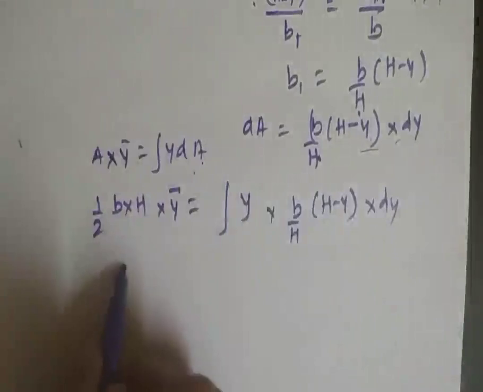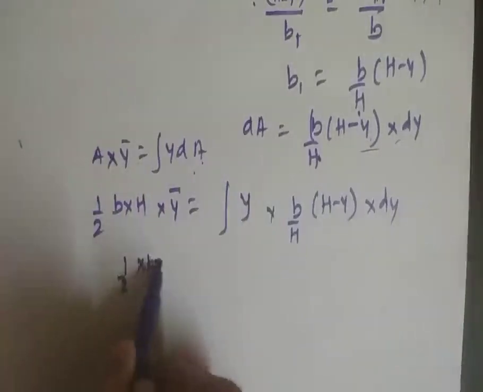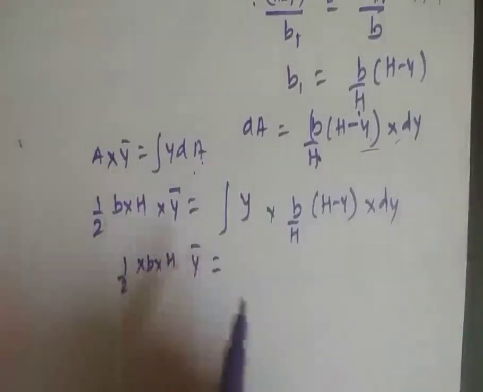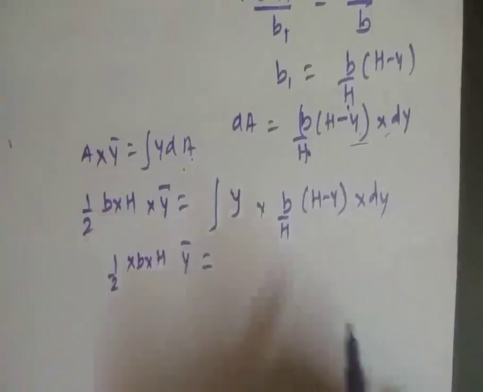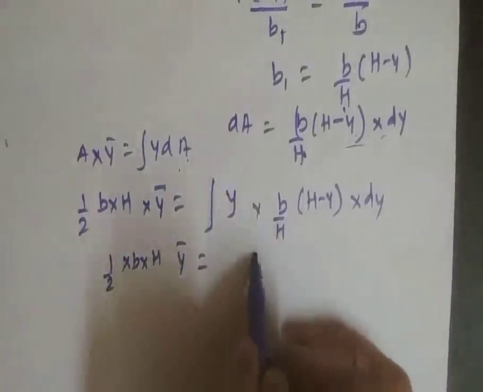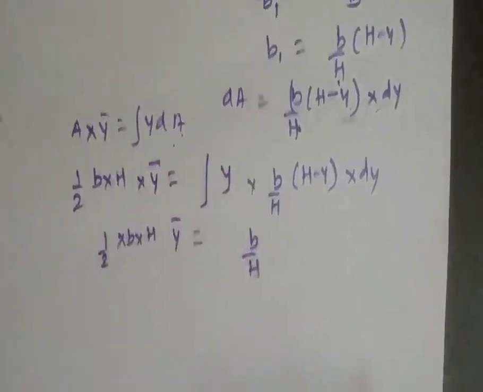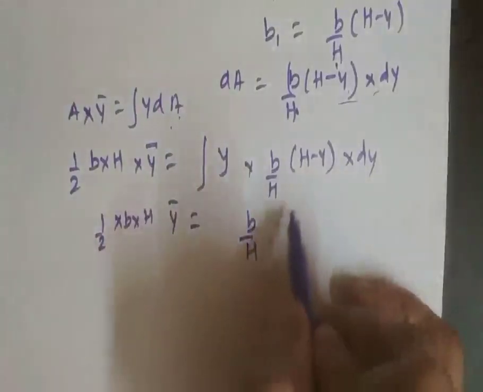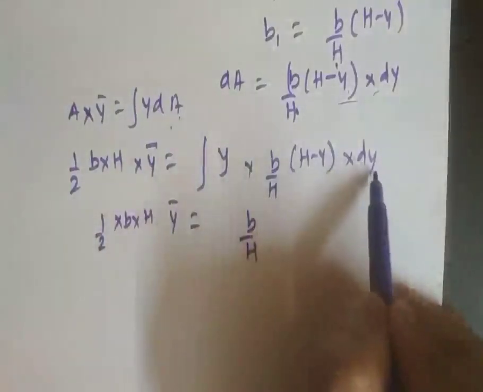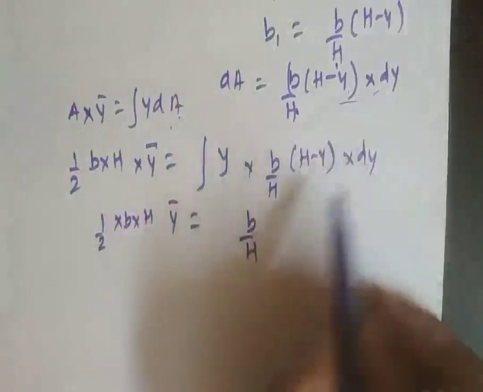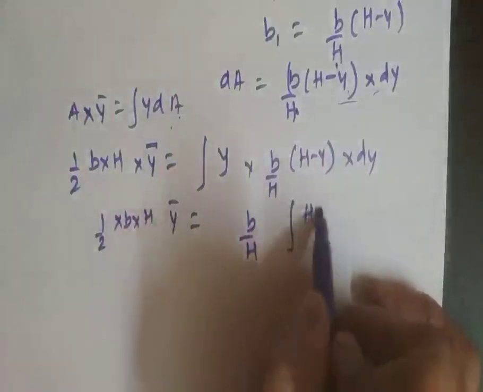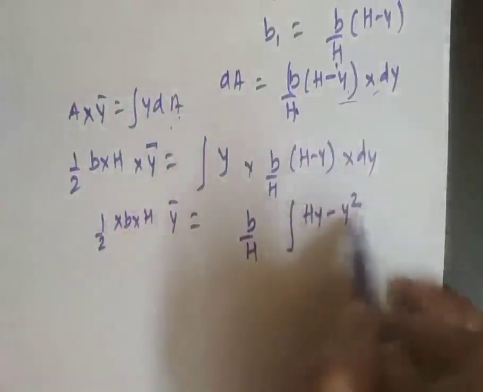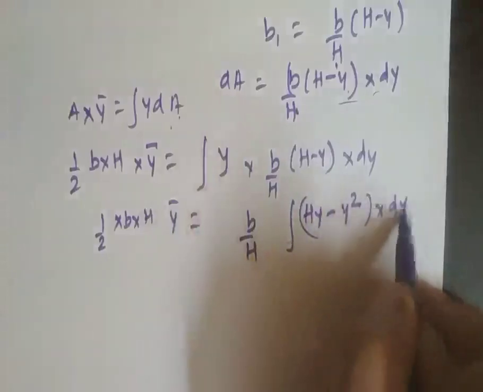To resolve this, expand the term as it is, half base into h y bar. So this will be b by h; take it outside because it is constant and is not to be integrated. Integration will be done with respect to dy, that is the integration of hy minus y square into dy.